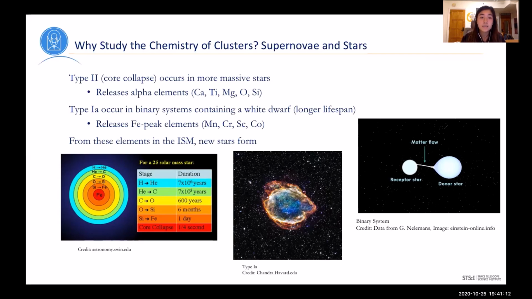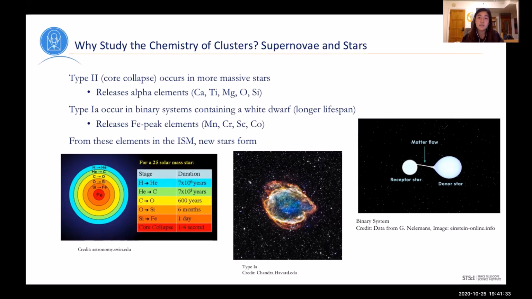The difference, though, is that a core collapse supernova releases alpha elements such as calcium, titanium, magnesium, oxygen, and silicon, while the type 1a supernova releases iron peak elements such as manganese, chromium, scandium, and cobalt.